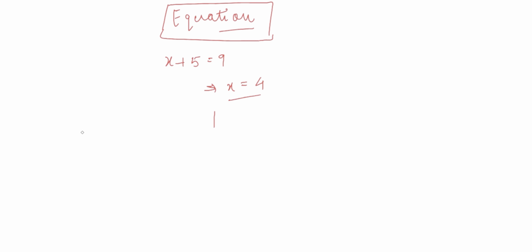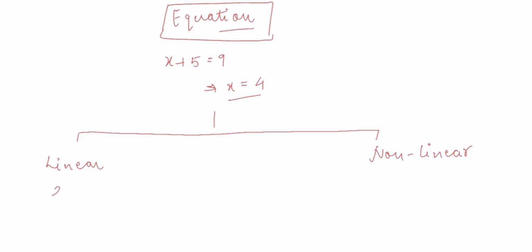And there are two types, the linear and the nonlinear equations. What if I write 2x plus 3 equals 7? We get x equals 2, where the variable has the power 1 and the graph is usually a straight line, and this is usually solved exactly.